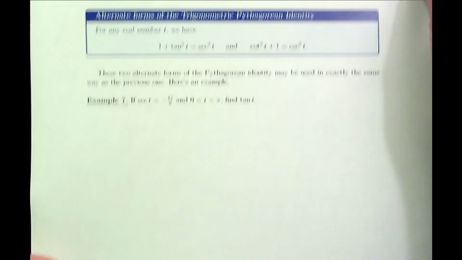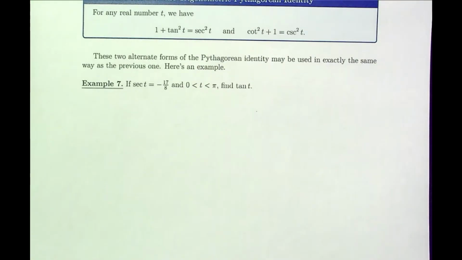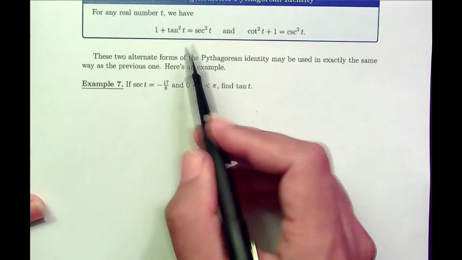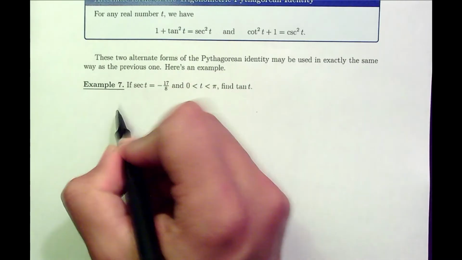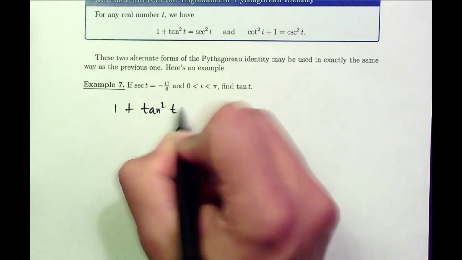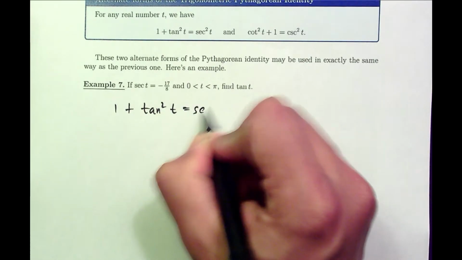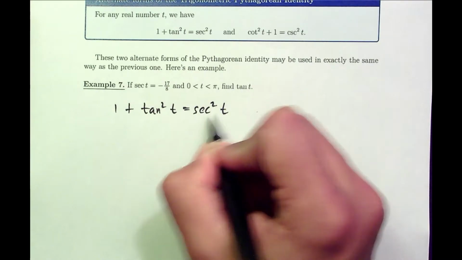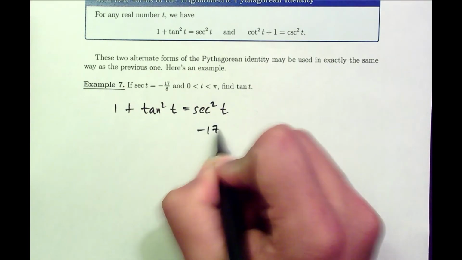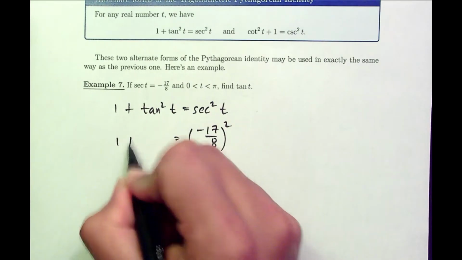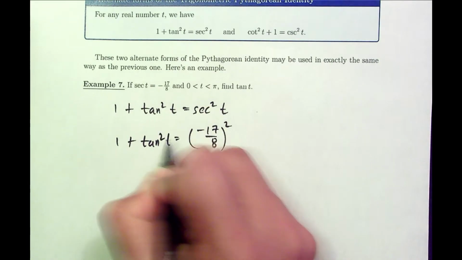All right, so let's do this example. I know that the secant is negative 17 over 8, and I'm asked to find the tangent. So I'm going to use this formula. Starting with this identity, we're going to find the tangent. I'm going to plug in here negative 17 over 8, and we're going to have 1 plus tangent squared of t.